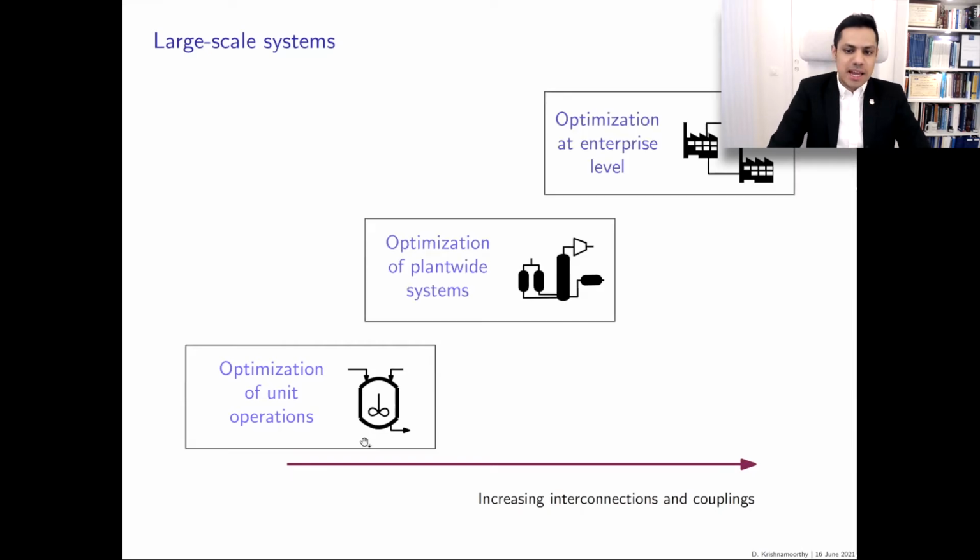Now, such a network of cyber-physical systems ranges from the plant level to a multi-enterprise level, where there are complex interconnections of material and energy flows between different unit operations or even between different processing plants. So with increased focus on sustainability and flexible manufacturing, such large-scale interconnected systems are becoming more and more common these days.